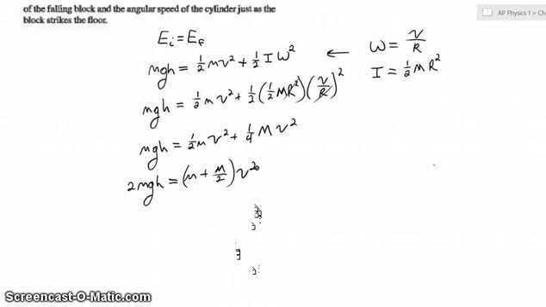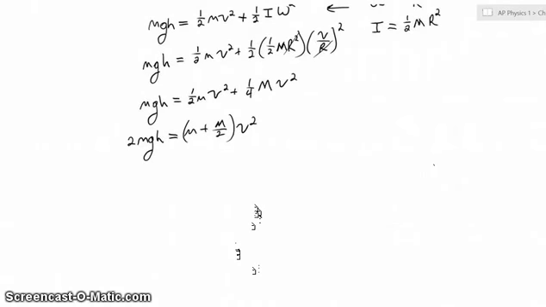I'm just doing a little bit of rearranging there so that it looks a little bit nicer. And then let's try to solve for the velocity of the block before it hits the ground. So we're going to have 2mgh over (m plus M over 2) equals the velocity squared.